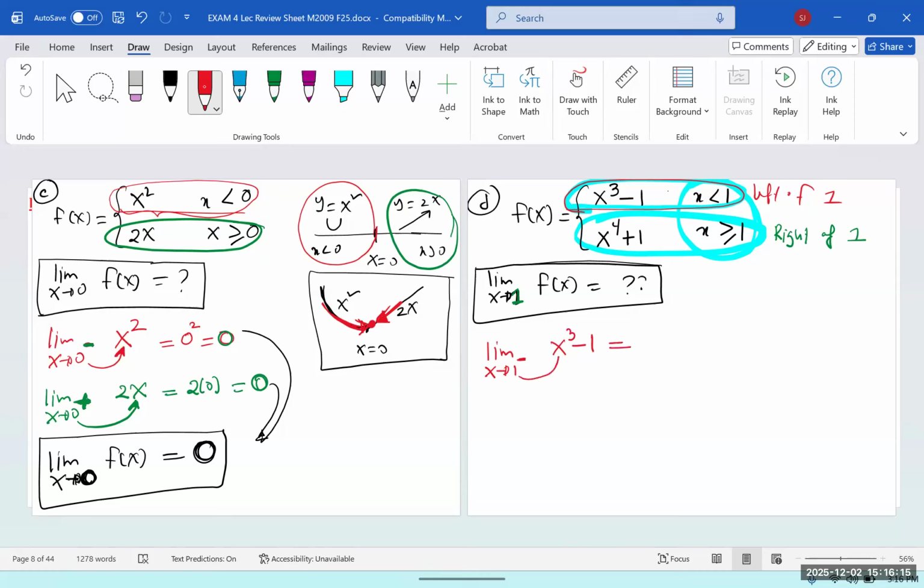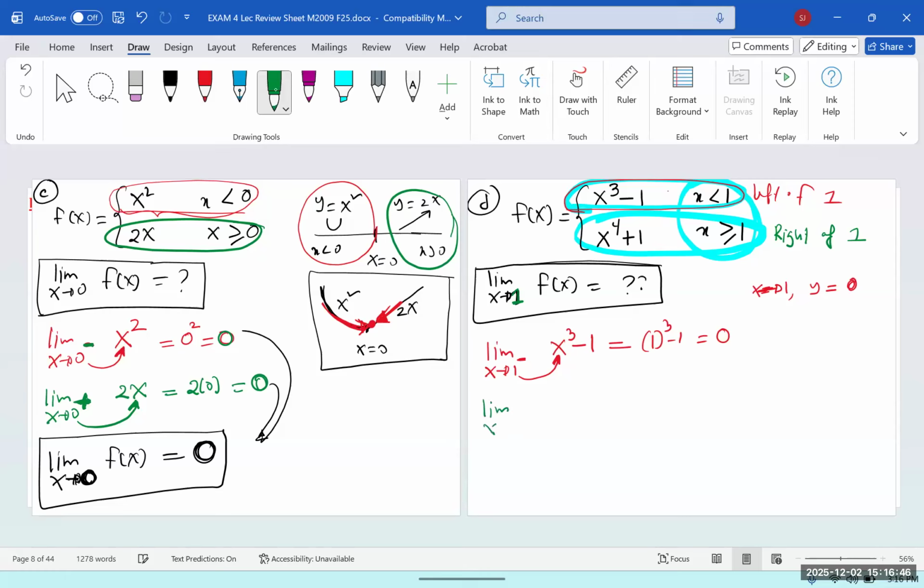So you get 1 cubed minus 1, which is 0. So the left side is telling you that when you go to 1 from the left side, your y value is going to 0.